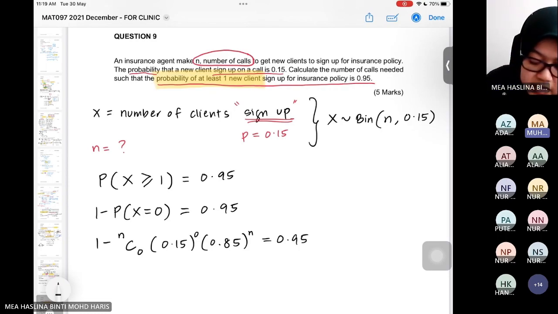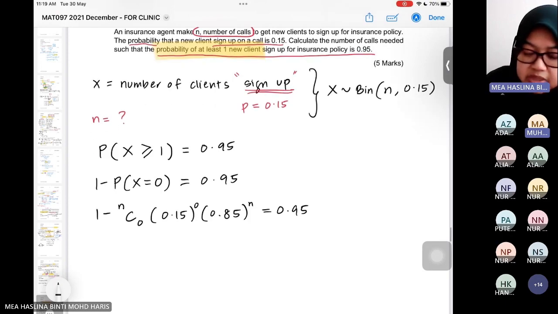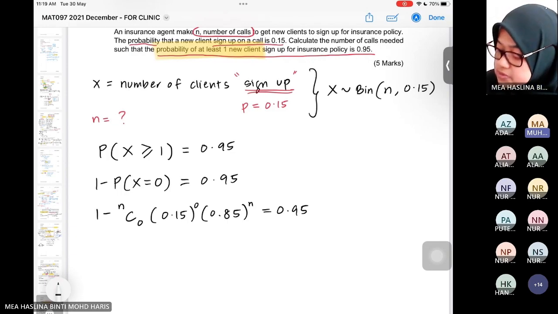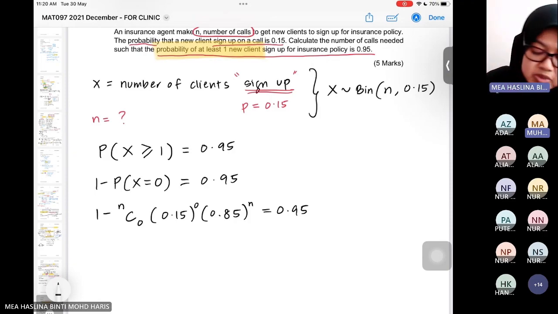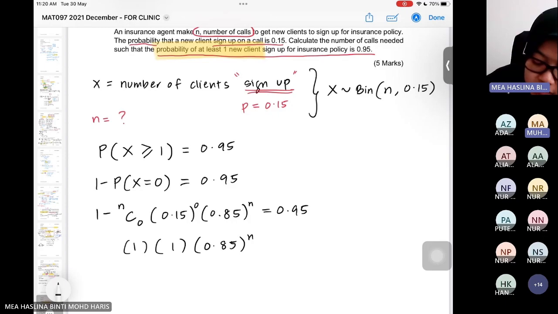So NC0, anything you put C0, the value will be 1. Am I right? So we have 1 multiplied by 1 multiplied by 0.85 to the power of N equals 1 minus 0.95.